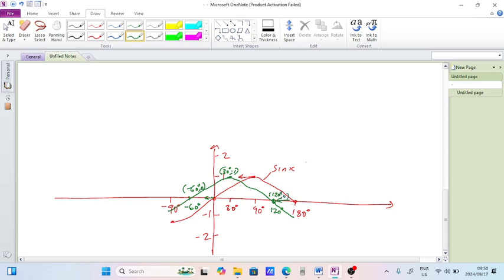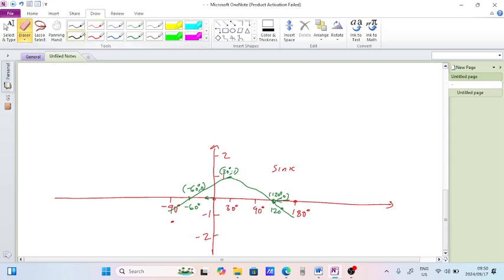When you're done like that, you can erase the red graph. Now the green graph is what we want. Is that clear? Of course, you can use your calculator to do that, but I find it much simpler using the original graph because I understand the shifting.